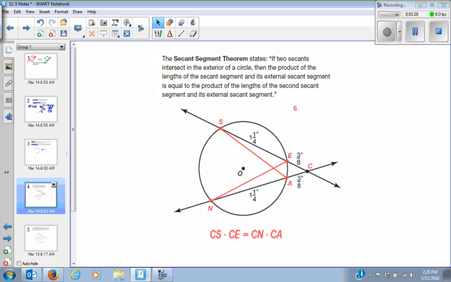So the secant segment theorem states that if two secants intersect in the exterior of the circle, then the product of the lengths of the secant segment and its external segment is equal to the product of the lengths of the other secant and its external.